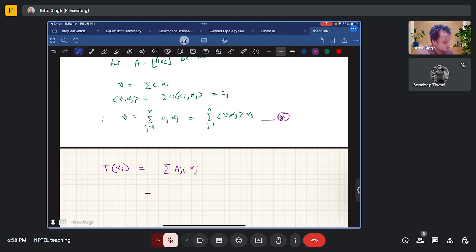By star, we already know this. Just replace this V by T alpha i. So if we replace V by T alpha i, from star we have the inner product of T alpha i and alpha j, times alpha j. Is it clear?